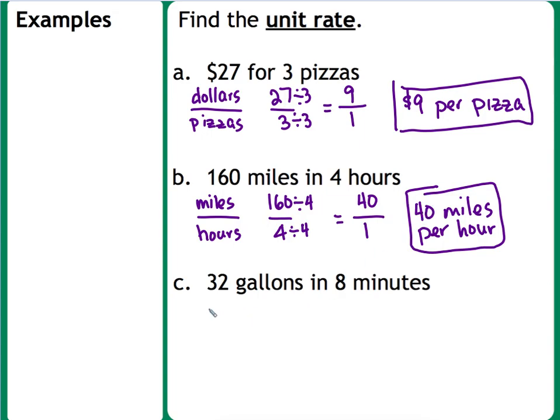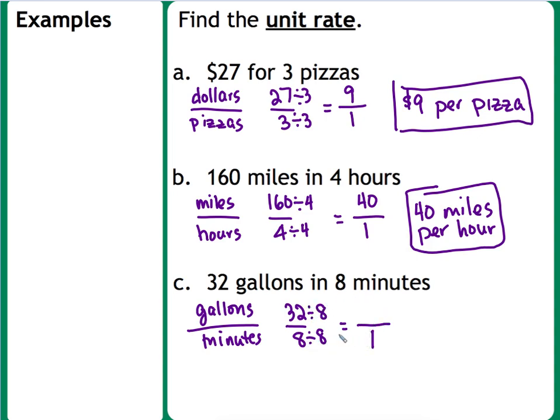And last but not least, we're comparing gallons to minutes. So we have 32 gallons in 8 minutes. A unit rate means we want to know for 1 unit. So to go from 8 to 1, just like all the other ones, we are dividing by that denominator.